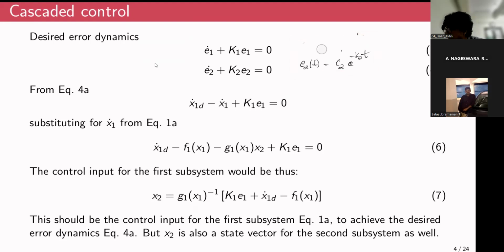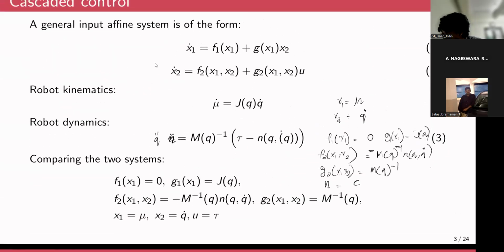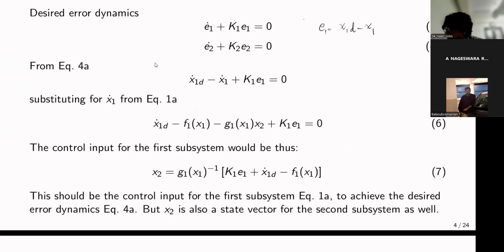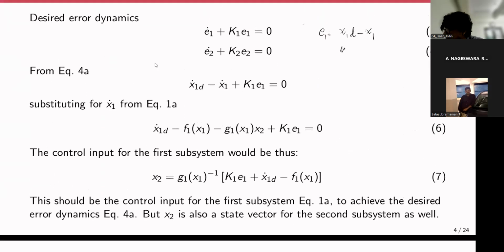So now let's see what this term E1 is. E1 is nothing but the difference between the desired state x1 desired minus the actual state x1, right? If you go back to the previous slide, x1 is nothing but mu. So x1 desired is nothing but mu desired, and x1 would be mu actual.